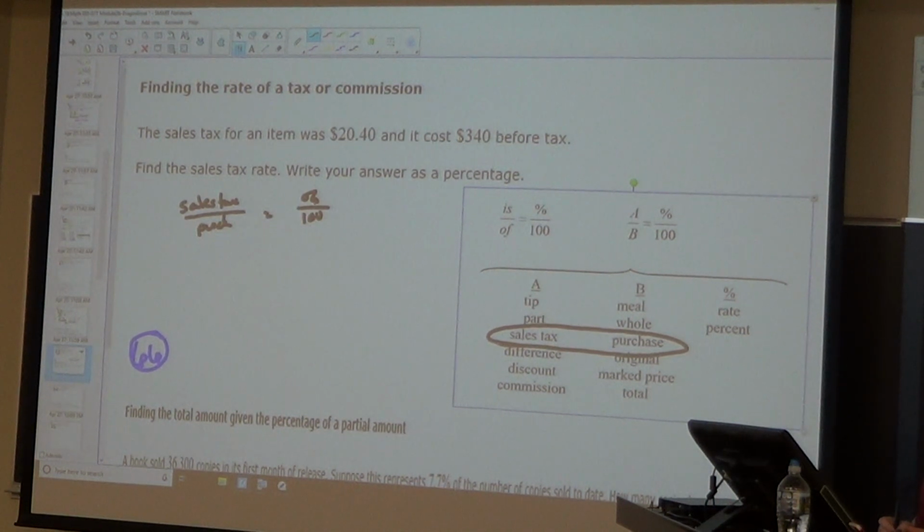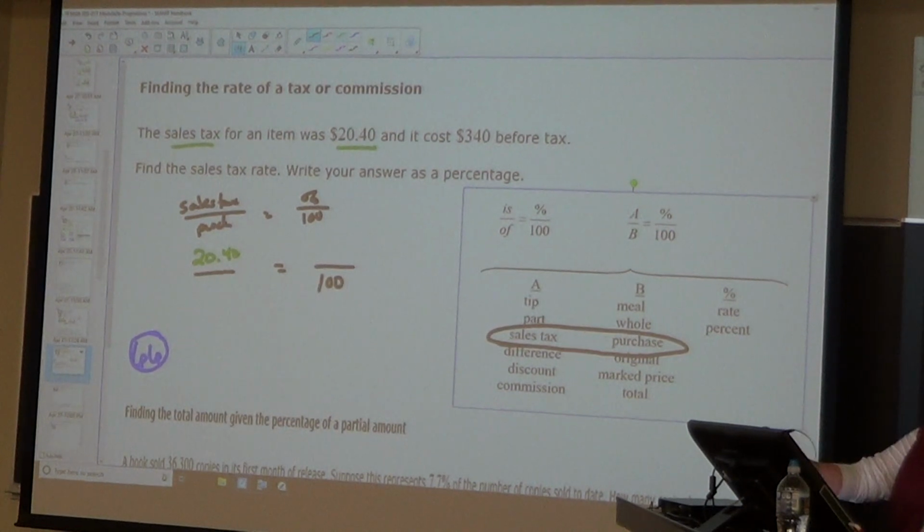Where's the $20.40 going to go? Sales tax is $20.40. Where does the $3.40 go? At the bottom or at the top? I think it's at the bottom.